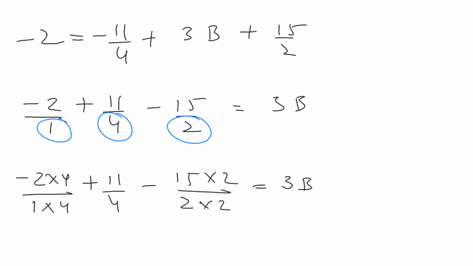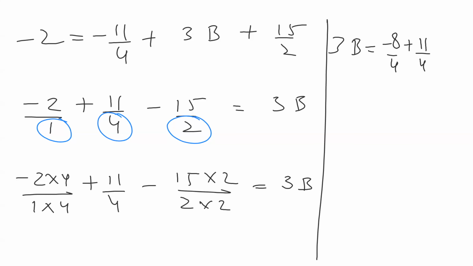Okay. So 3b equal to minus 8 upon 4 plus 11 upon 4 minus 30 by 4.